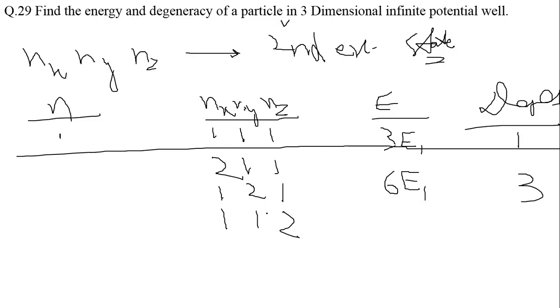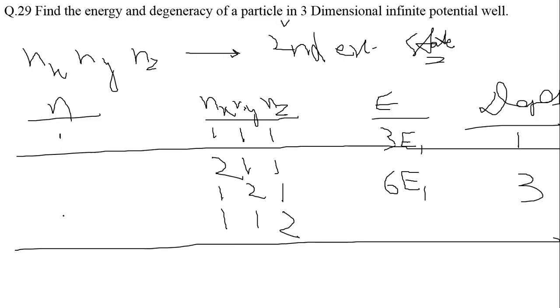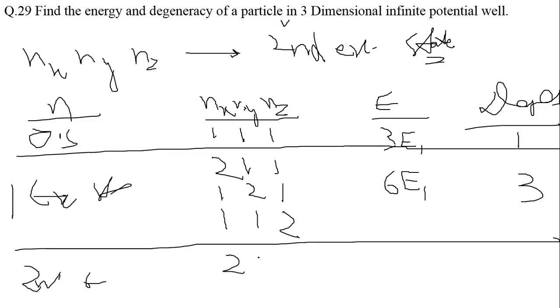Here we are considering a symmetric potential box. Symmetric means it is the same on all sides, that is, a equals b equals c. This is the ground state, this is the first excited state, and the second excited state will be how much? For the second excited state, similarly we can take 2 2 1, 1 2 2 and 2 1 2.